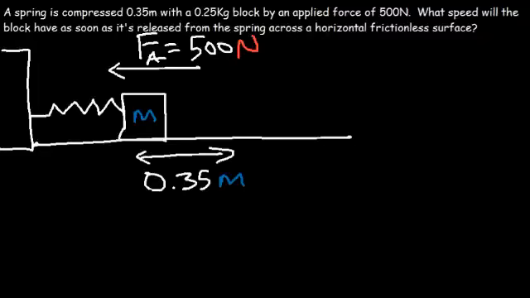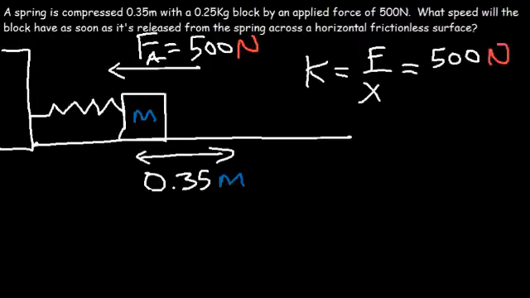The first thing that we need to do is find the spring constant k. So F is equal to kx, therefore k is the force divided by x. So we have an applied force of 500 newtons, which compresses the spring by 0.35 meters.